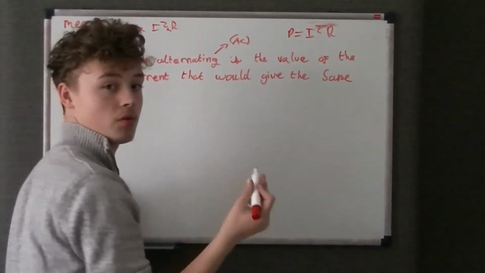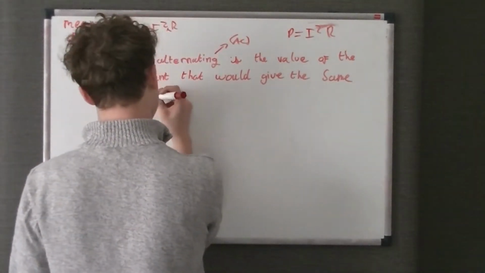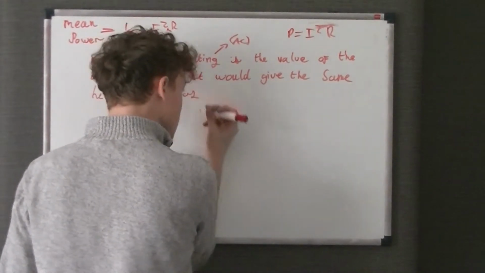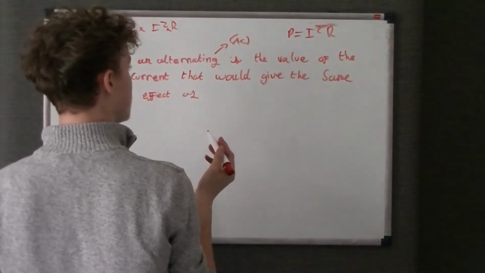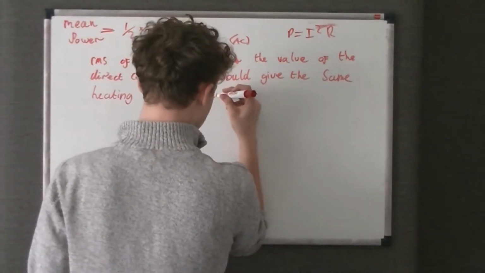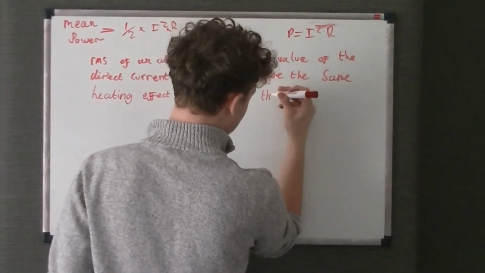Now I'm just going to write that out and leave it on the top. So that would give the same heating effect as an alternating current, AC, through the same resistor.